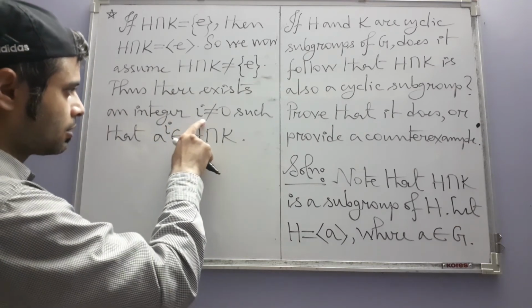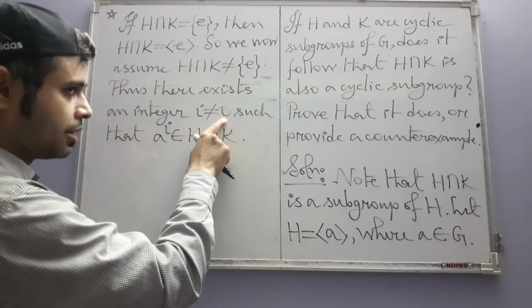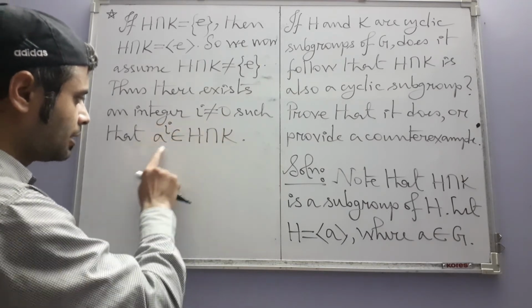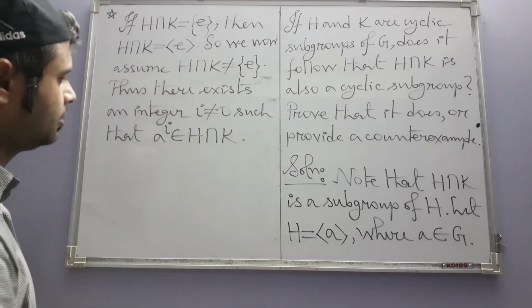We of course have taken i to be a non-zero integer in order to make this not equal to the identity element.